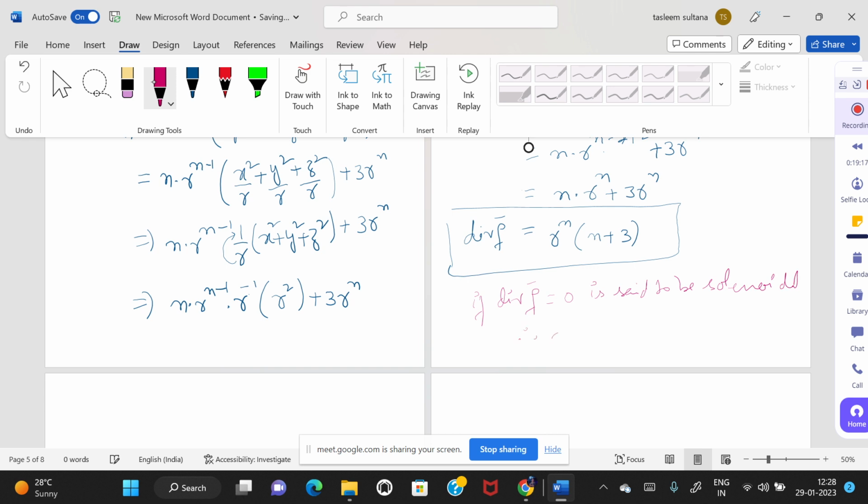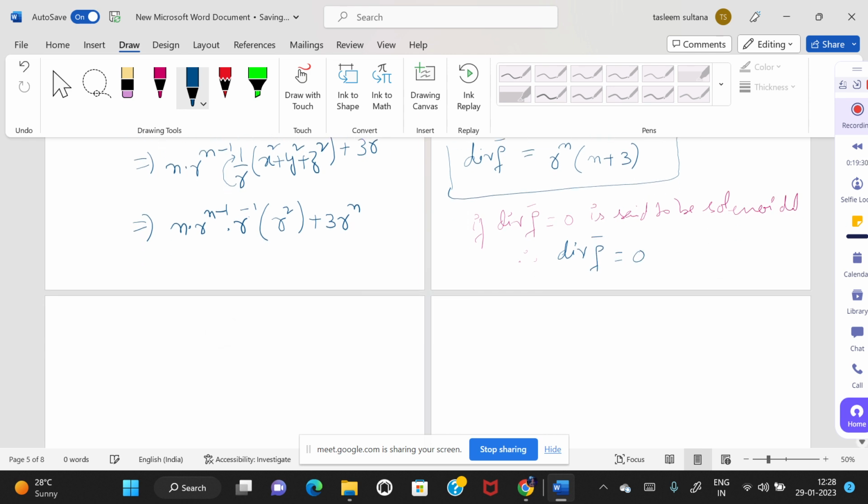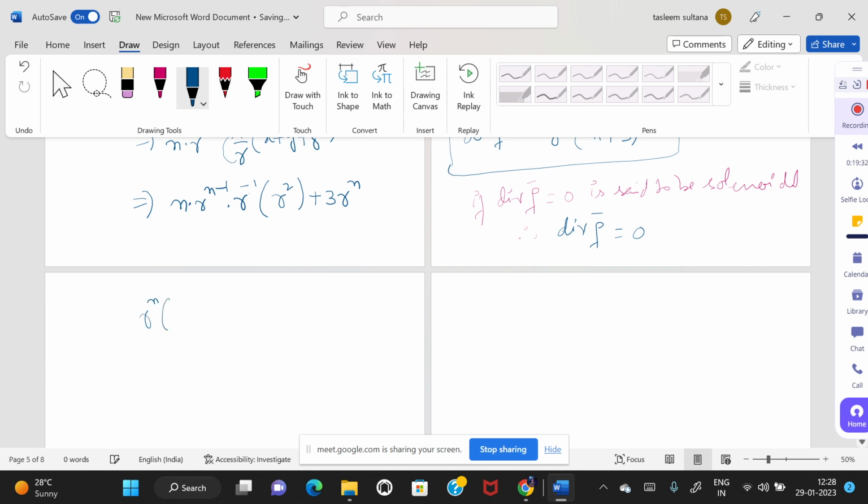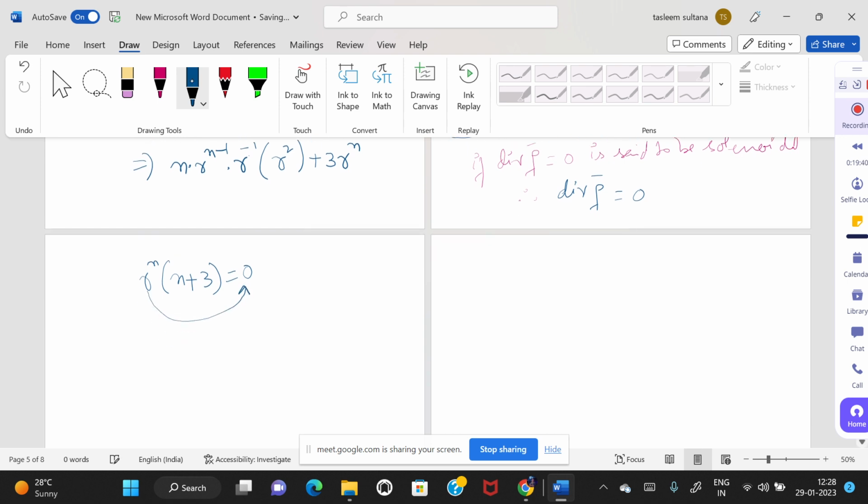So we will consider divergent of f vector equals 0. So r to the power of n plus 3 equals 0. Take this to the other side, it becomes 0, so n plus 3 equals 0, n equals minus 3. This is the method for finding the value of divergent of f vector.